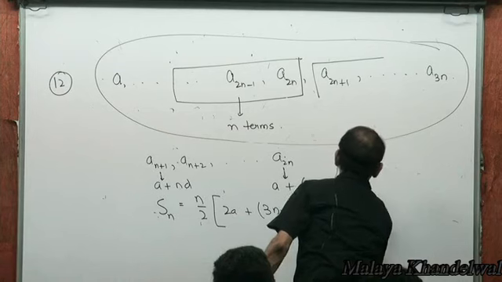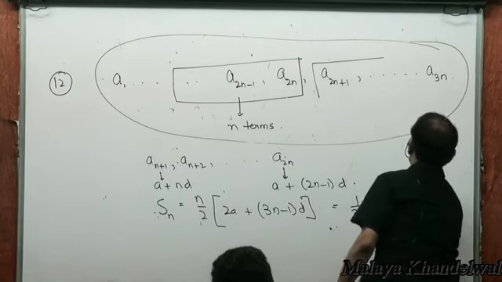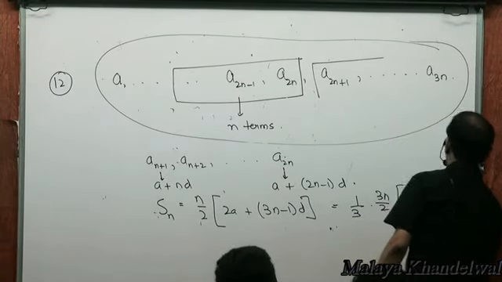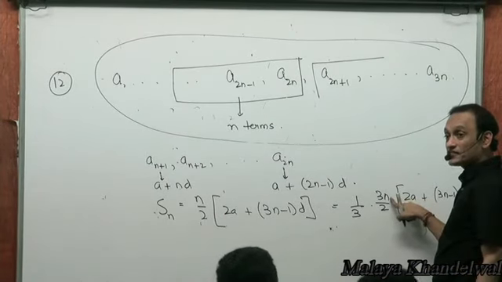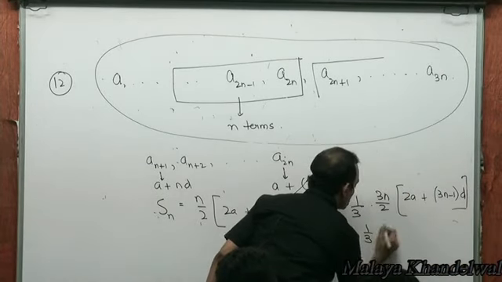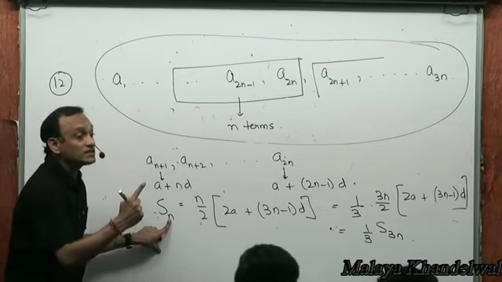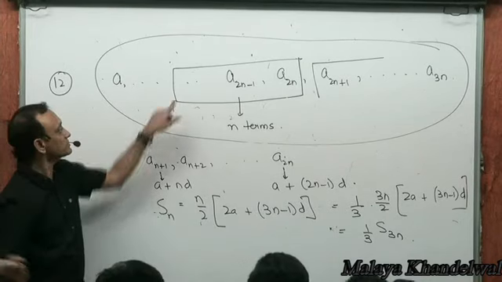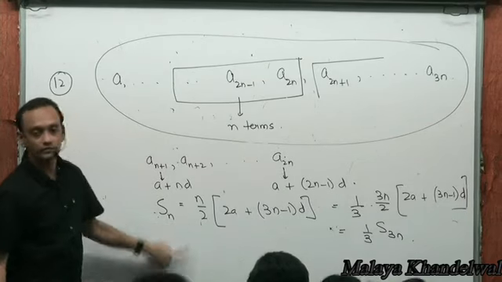Which is 1/3 of 3n by 2 into 2a plus (3n minus 1) into d. What is this? Sum of the first 3n terms. This is the sum of the first 3n terms, isn't it? So this is 1/3 the sum of the first 3n terms. This is not the sum of the first n terms. This is the sum of the second set of n terms: a(n+1), a(n+2), up to a(2n). The sum. Clear?